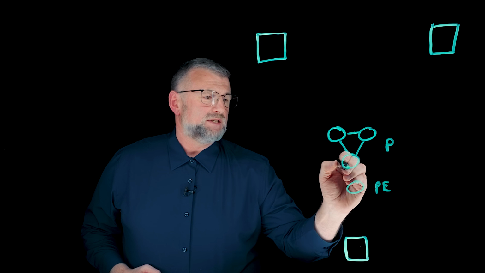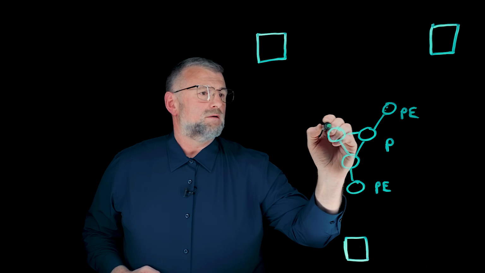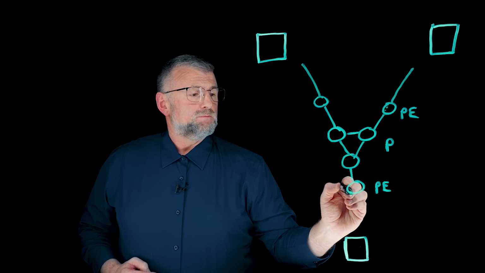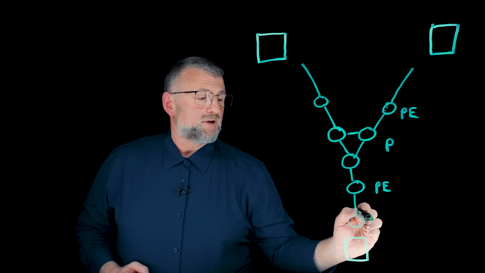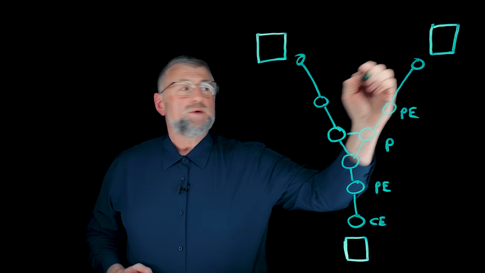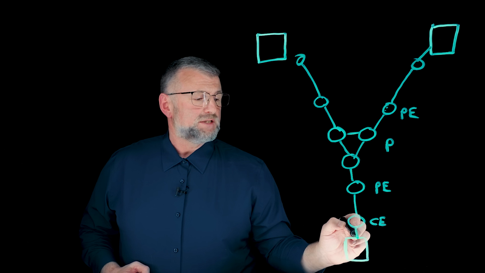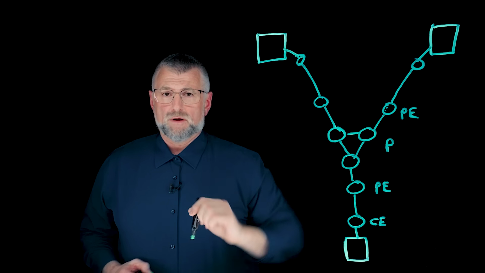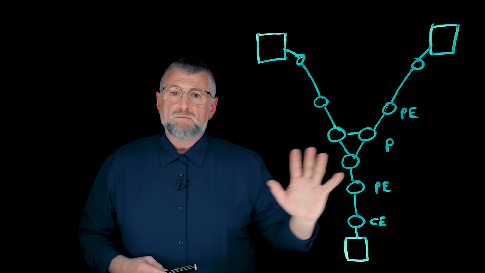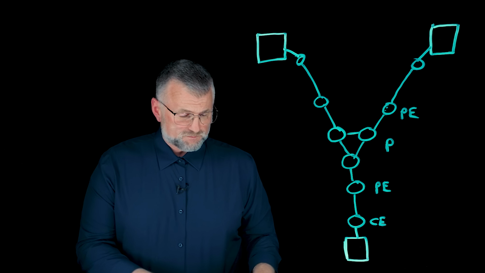Surrounding the P router are the provider edge devices, and then we connect in last mile that is closest to the facilities. And this is where we would find the customer edge or CE router. And then it would connect through to remote facilities, data centers, and our other facilities that are on this MPLS network. And this is all delivered using private-based connectivity in an MPLS WAN.